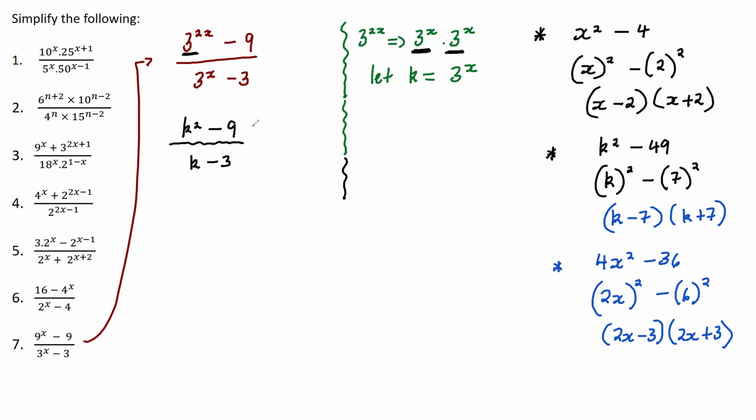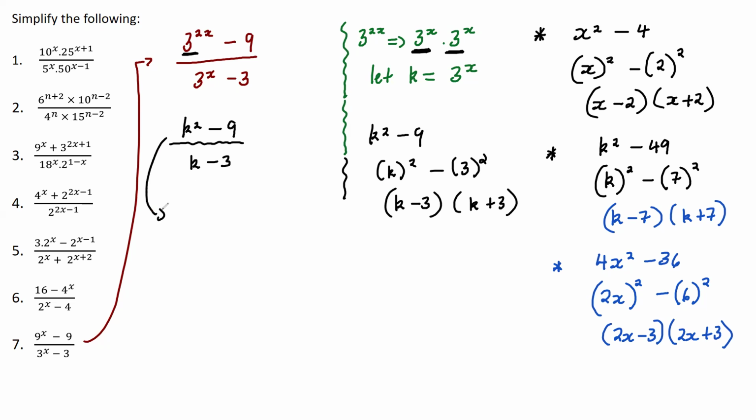Then I'm reminded, oh, k squared minus 9. It's as good as saying k squared minus 3 squared. And maths allows me to say k minus 3, k plus 3, difference of 2 squares.